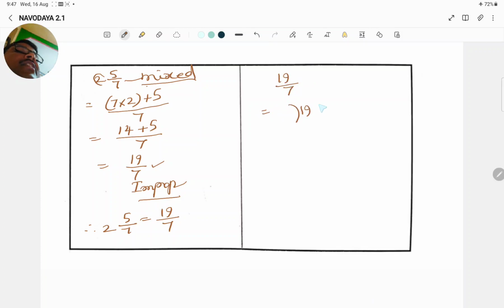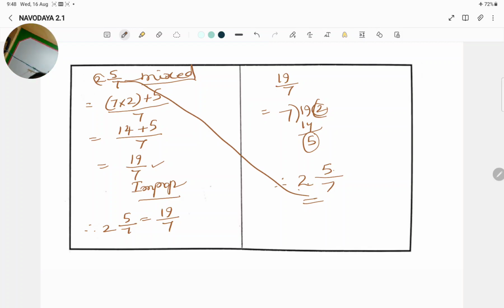See here, 19 is the dividend, 7 is the divisor, 7 twos are 14, 2 is the quotient, 5 is the remainder. First write the quotient 2, next the remainder, next the divisor: quotient, remainder, divisor. Again this is 2 5/7. This is the conversion of mixed to improper, improper to mixed.